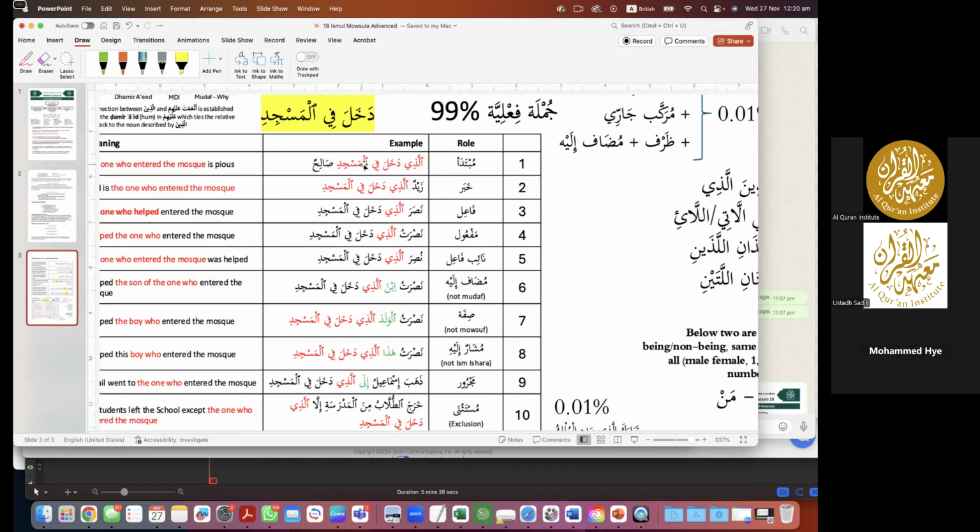Allazi dakhala fil masjidi salihun. The one who entered into the masjid is a salihun. What is salihun? Tell me quickly. Pious. Mubtada?